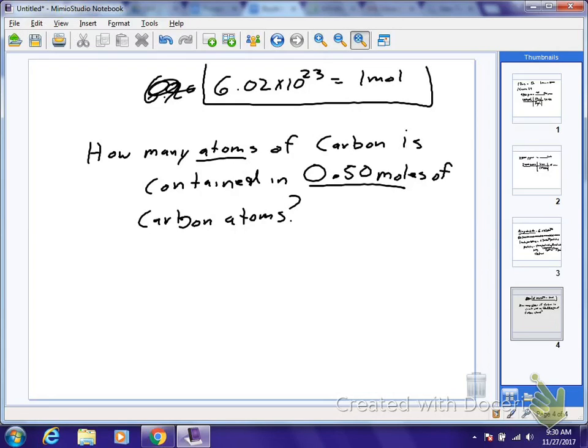This is a conversion, so what do you think goes out in front of our conversion? 0.50 moles. That's my sample size. This is my conversion. You guys remember, conversions usually are one value over another. And you don't start with that, right? You start with your sample size. So my sample size is 0.5 moles. Okay, I'm going to be real detailed.